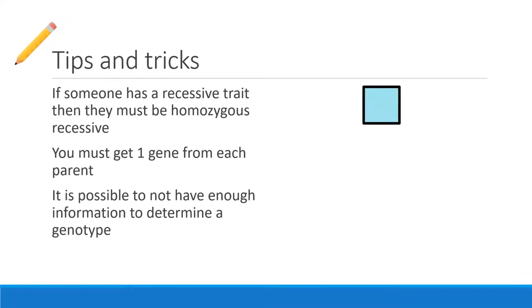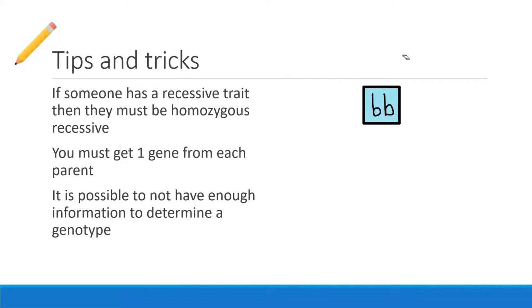If someone has a recessive trait, then they must be homozygous recessive. What does that mean? That means that if you have a recessive trait, like, let's do B, sorry, lowercase b, you have to be both of them recessive. It might seem obvious, probably won't because this is new to you guys, but a lot of people, that's the first one that I fill in.